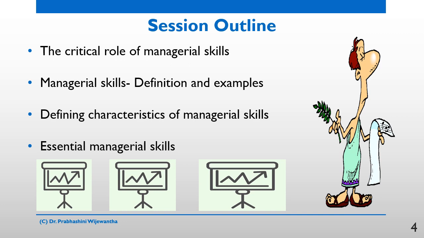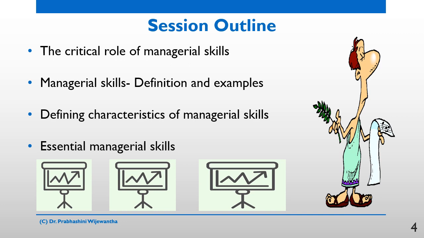I have already used and explained examples of managerial skills under slide number 2 as well. Then we will discuss the critical role, or the most important role, of managerial skills.